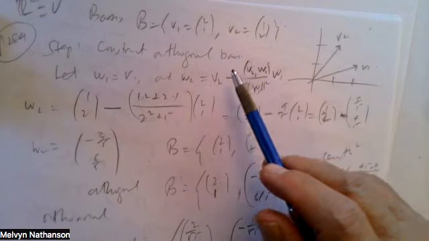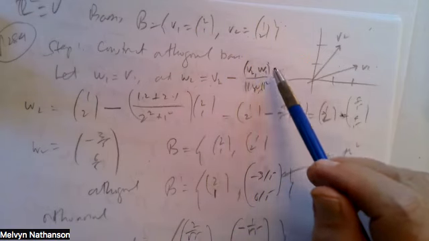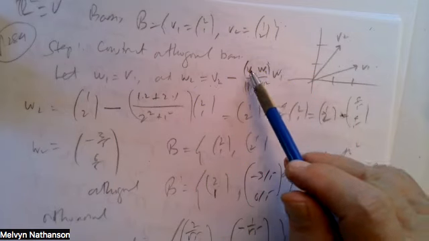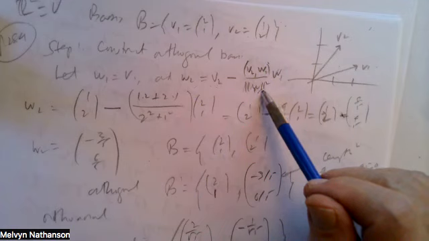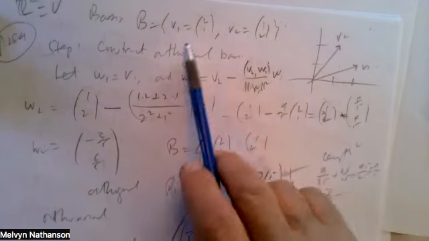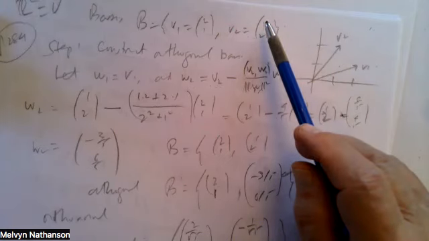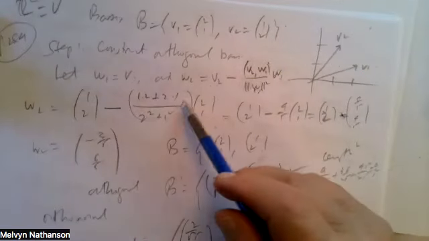And W2 will be V2 minus the component of V2 in the direction of W1, that's the inner product of V2 and W1 divided by the length of W1 squared times W1. So the inner product of these two vectors is 2 plus 2, which is 4.